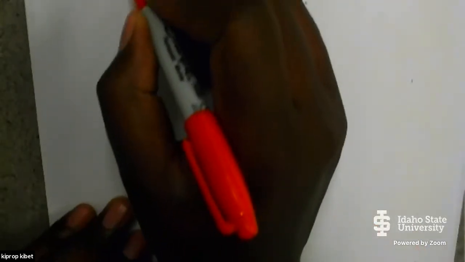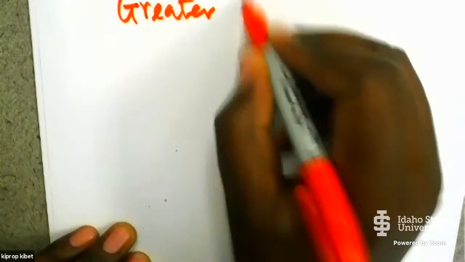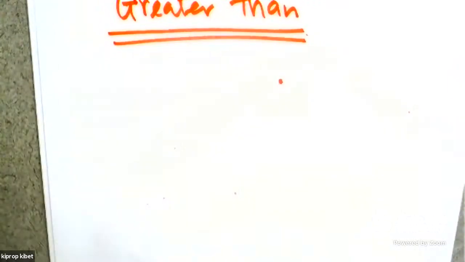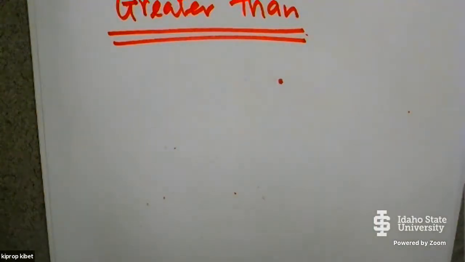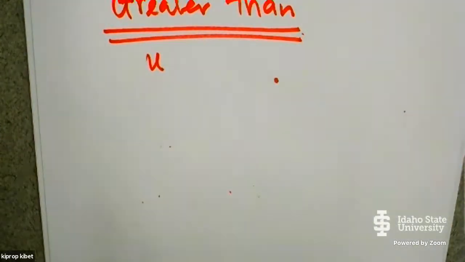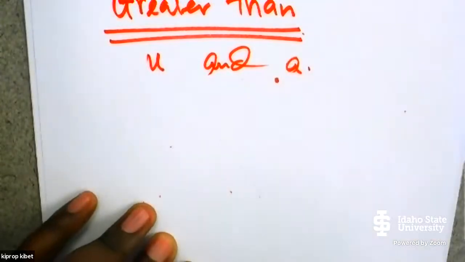Now let's come to the next, which is solving absolute value inequalities with greater than. For any algebraic expression, let's say u, and any positive real number, let's say a.